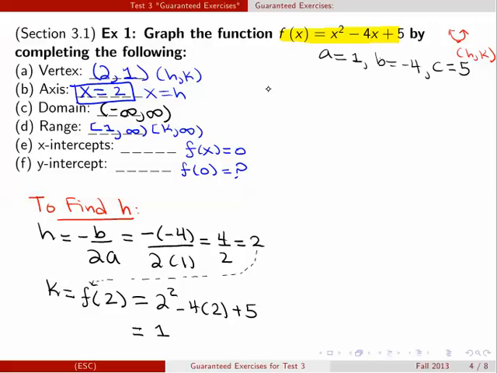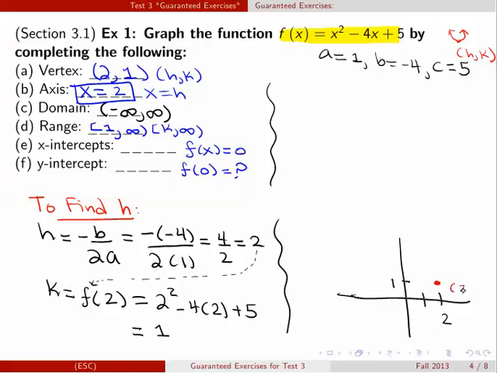So far this is where we are. We know that the parabola has this vertex 2 comma 1, so 1, 2 comma 1, and so here's the vertex. Because x squared is positive, we know this parabola opens up.